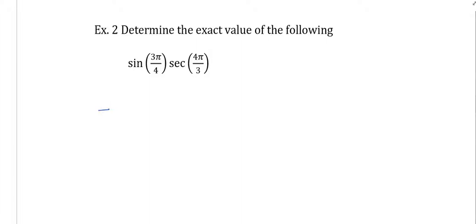So this is going to be equal to sine of the related angle of pi by 4 times secant is 1 over cos. 4 pi by 3 is in which quadrant? Third quadrant, and cosine is going to be negative there. And the related angle is going to be pi by 3.